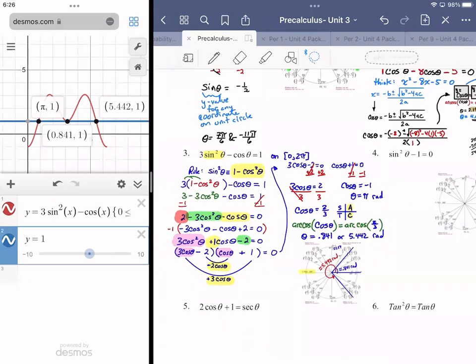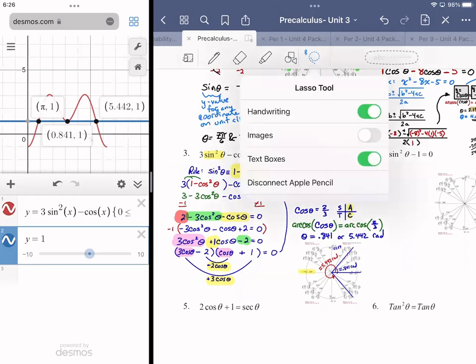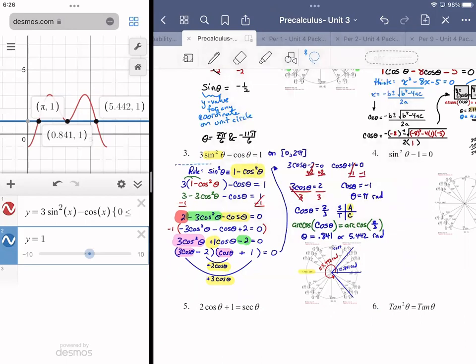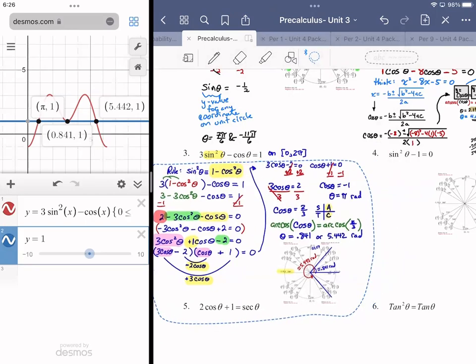Definitely a whole lot easier to do it this way. But again, you find yourself sitting in a calculus class down the line, and they're like, what is this Desmos you keep referring to? When you're in that position, what do you do? Do you just withdraw? No, you make the adjustment.